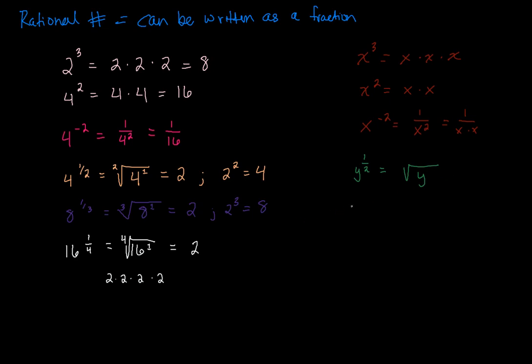Or let's do a to the 1/3. That would mean you'd have the cube root of a to the 1, and you'd have to figure out what number goes into a 3 times. You can do the same thing with b to the 1/4. You'd have that 4th root, and then b would be in the middle.